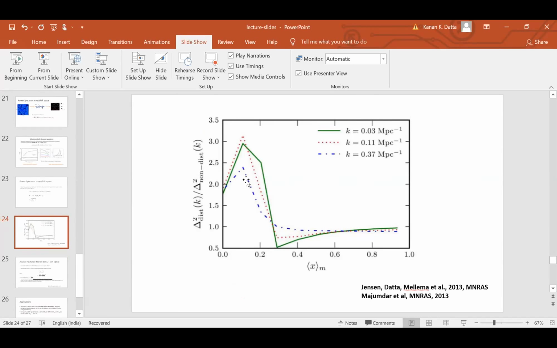But that effect is very strong at the early stage of reionization, not at the late stage. So let's say, for example, when reionization is 50% or later, the effect is not even 10%. The change in the power spectrum due to the redshift is not 10%.